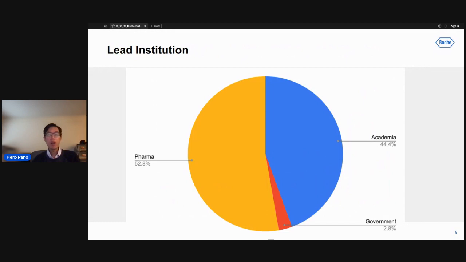So where were the lead institutions that are involved? It's quite interesting to observe that the top pharmaceutical companies account for roughly 50%, and the rest were mostly academic, with government institutions being a small contributor as well.